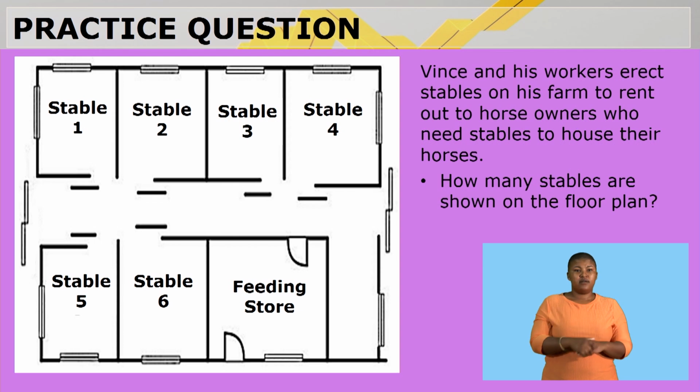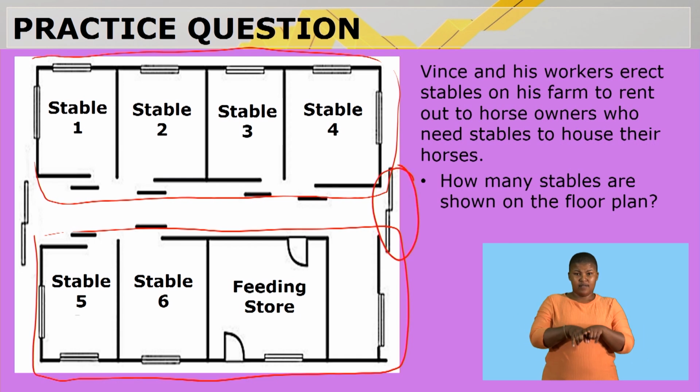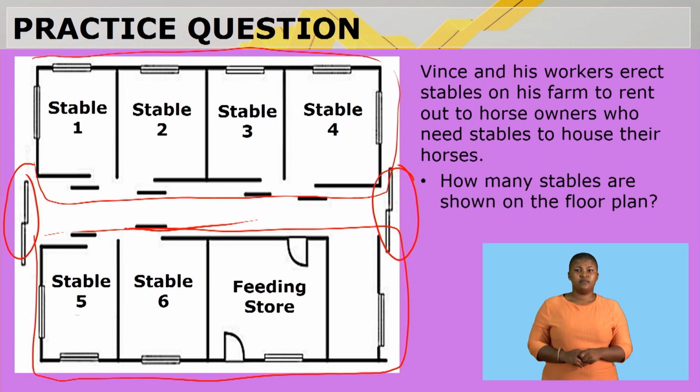We can see that it's a building, actually two, because I'll show you now. In the same building, we have got a sliding door there and a sliding door over there. So we've got two sides of the building.